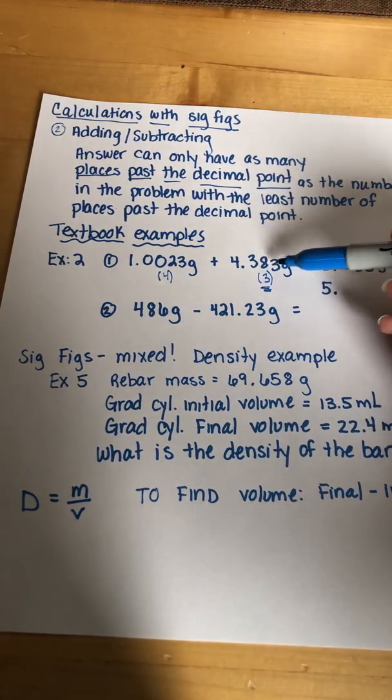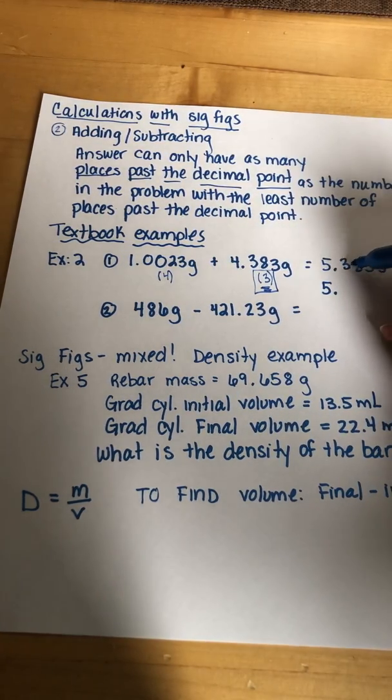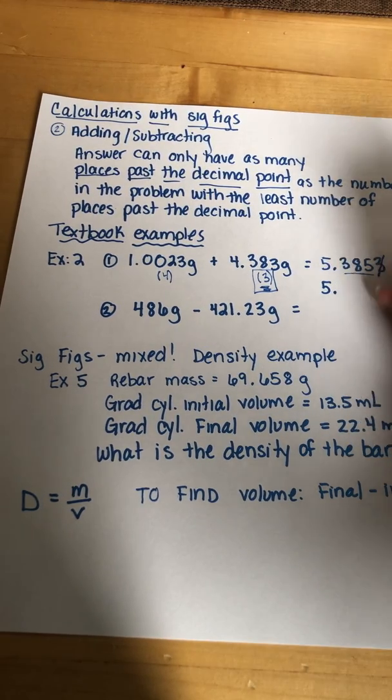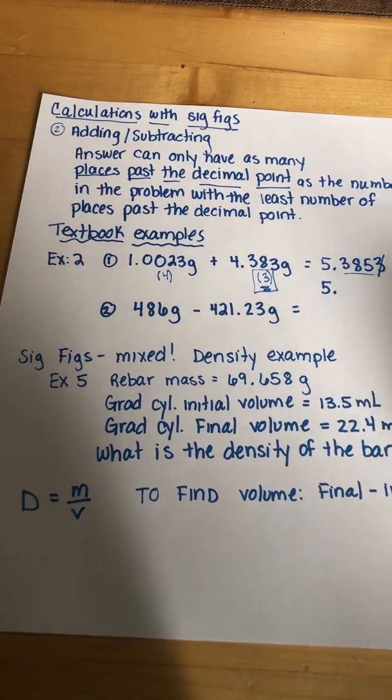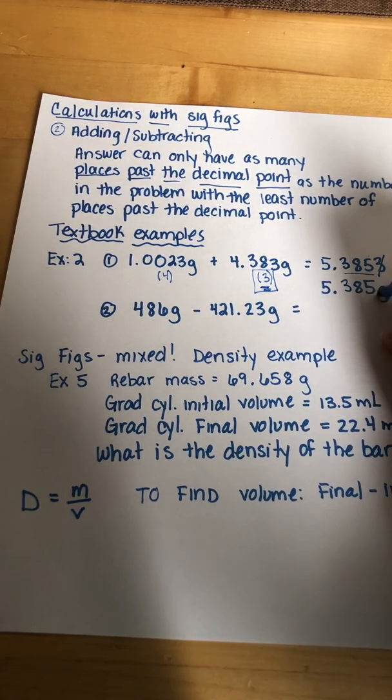This is going to tell me 3. I go with the lesser of the 2. So 1, 2, 3 numbers after the decimal point, the 3 drops off. Since it's not a 5 or higher, it will not affect this number. So I will just carry down those 3 places past the decimal point, and that is my final answer.